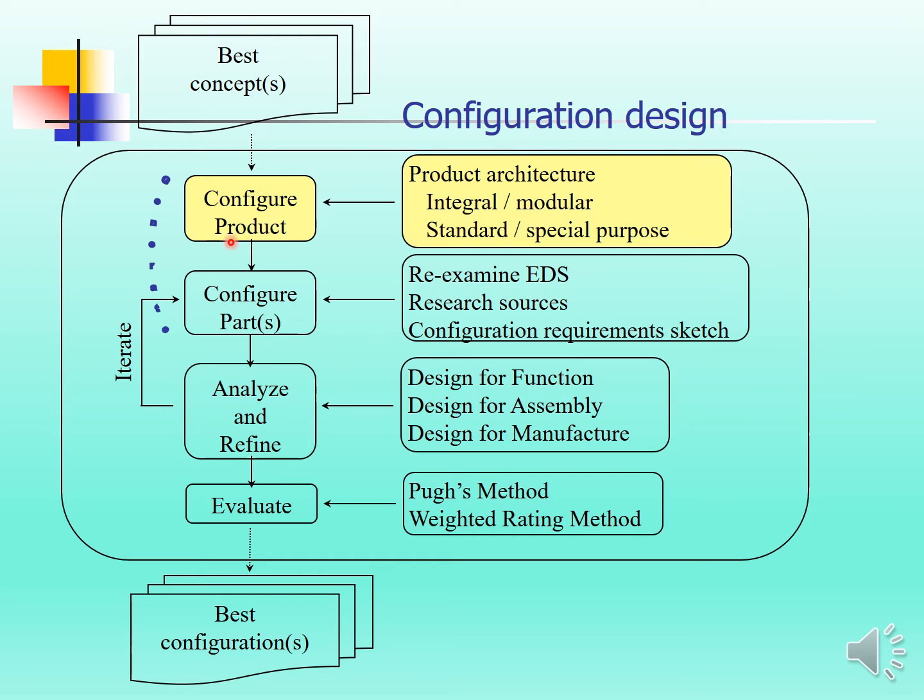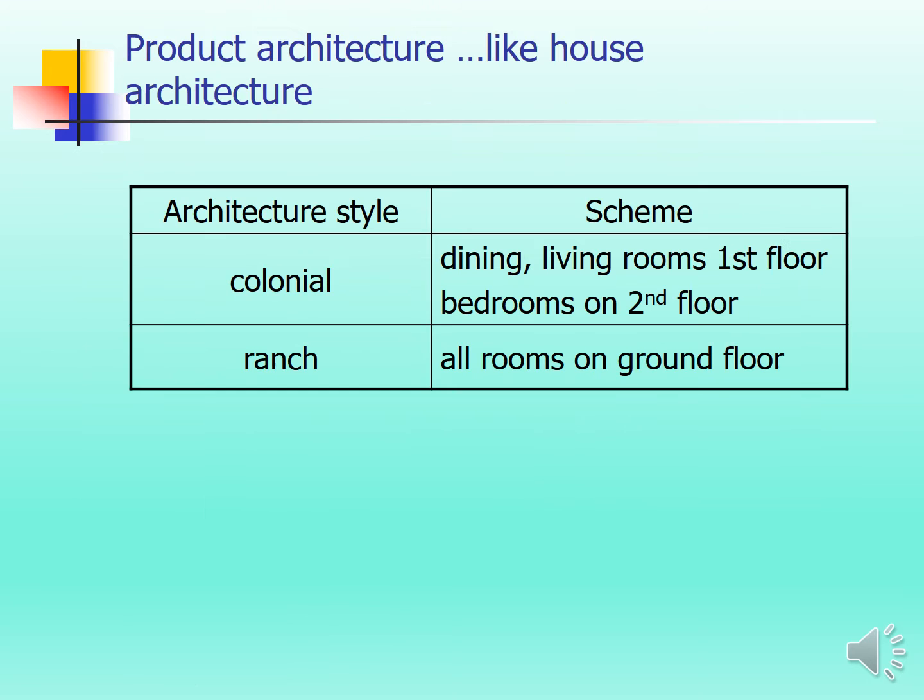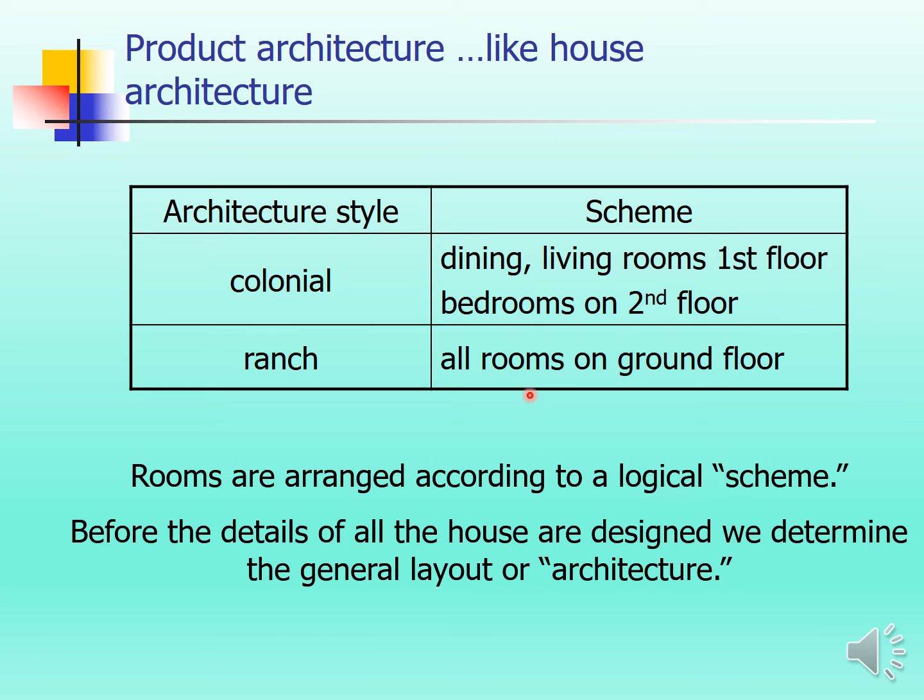Okay, we have configuration product architecture. During the product configuration design, product architecture, we have two types: integrated, module or standard bus. Okay, for example, here we have architecture style. Architecture style of a product, and this is the scheme.